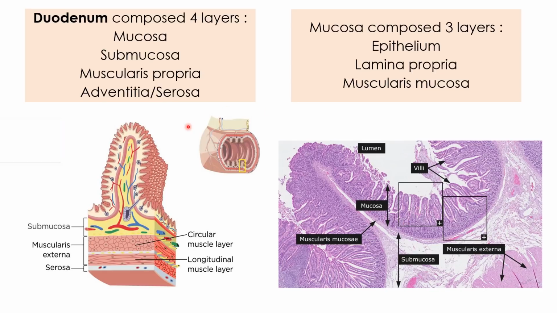I just show you this so that you can understand what that means. Here, the whole part is only the mucosa of the duodenum. Beneath it is the submucosa, and then you can see the muscularis propria.